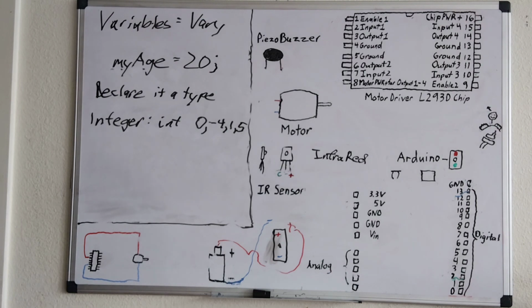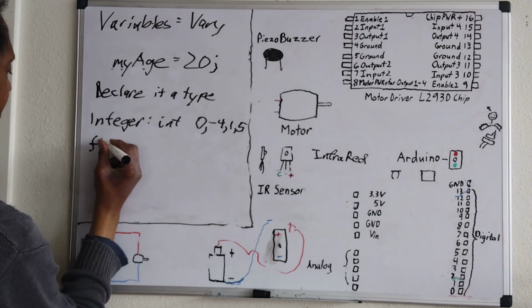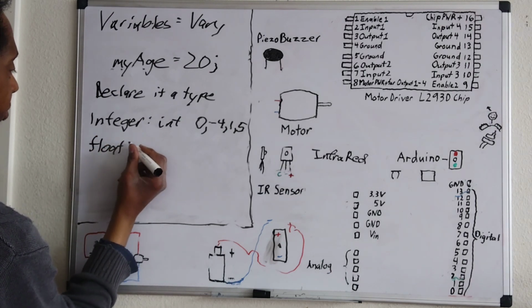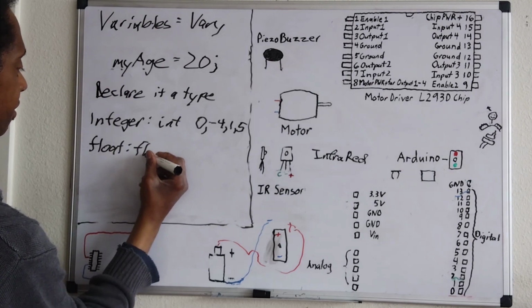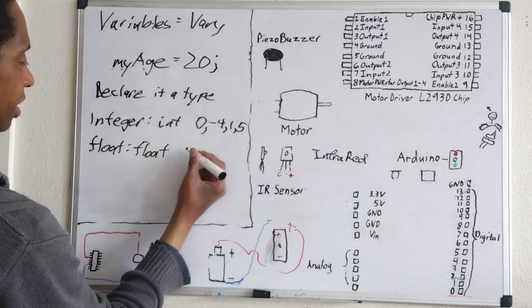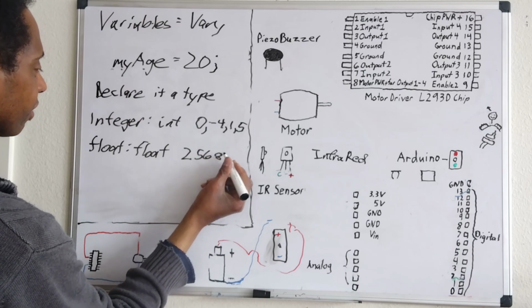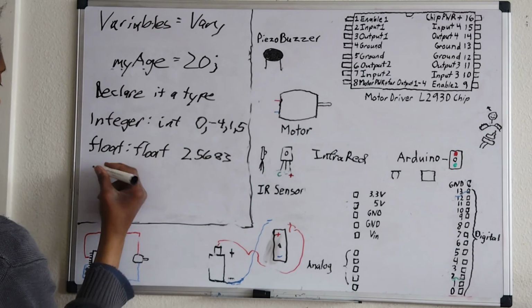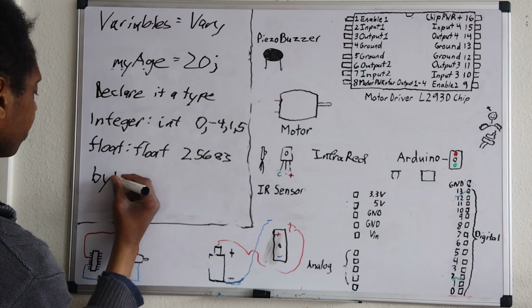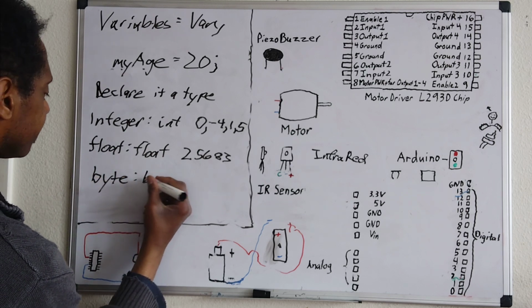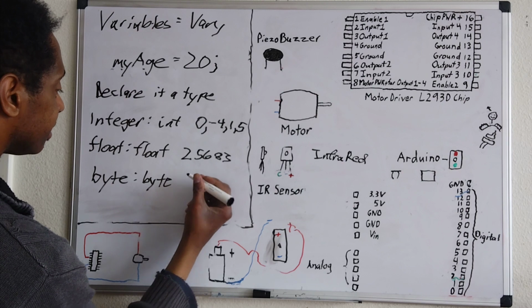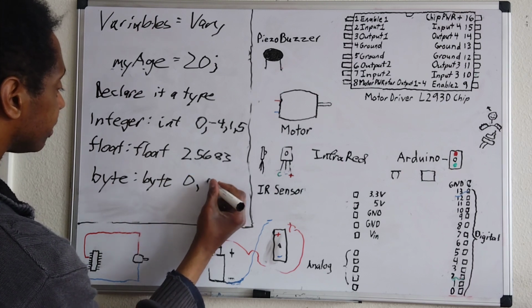Those are all integers. There's float, which is abbreviated float, a decimal like 2.5683. And then there's byte, which is abbreviated byte, which is zeros or ones.